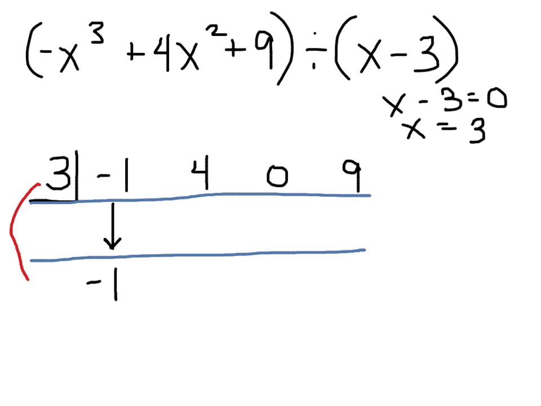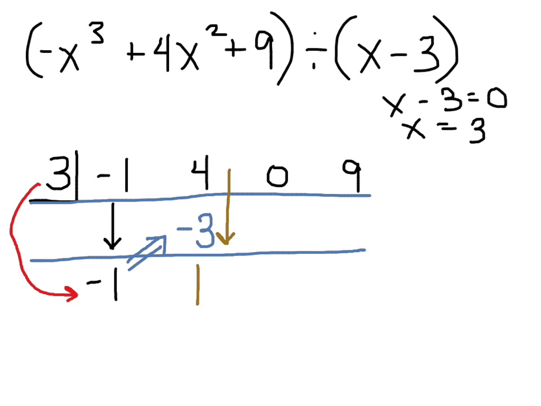Now take the number that was in the backwards L and multiply it by the number down there. What's 3 times negative 1? Negative 3. You insert that answer underneath the next number, and then you add straight down. What's 4 minus 3? 1.